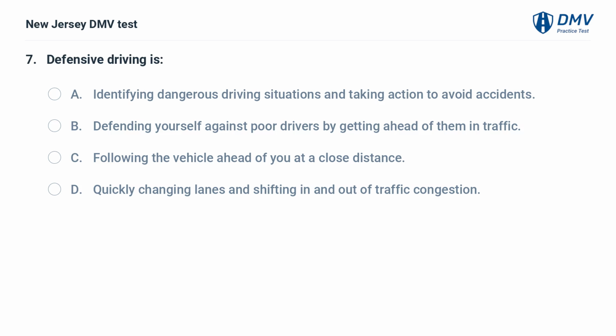Defensive driving is A. Identifying dangerous driving situations and taking action to avoid accidents. B. Defending yourself against poor drivers by getting ahead of them in traffic. C. Following the vehicle ahead of you at a close distance. D. Quickly changing lanes and shifting in and out of traffic congestion.